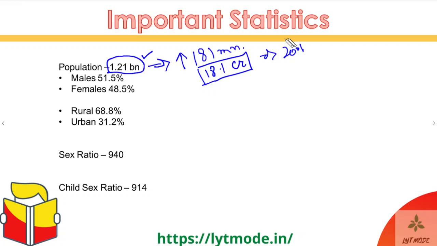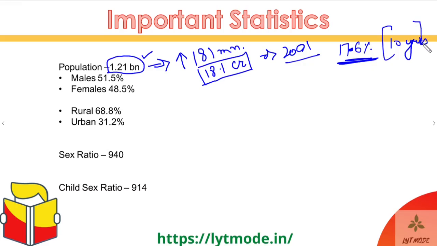Okay, so in the last 10 years, the population had risen by 18.1 crores, and this was a 17.6% rise in 10 years. So our population rose by 17.6% in 10 years. All right, that's a really big jump that we are taking.